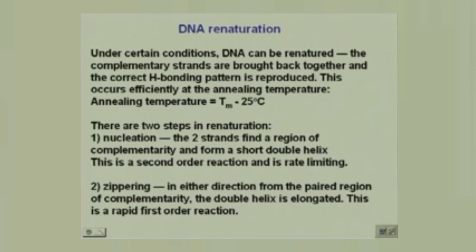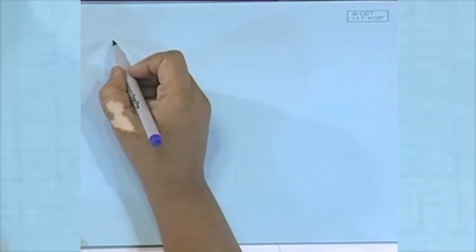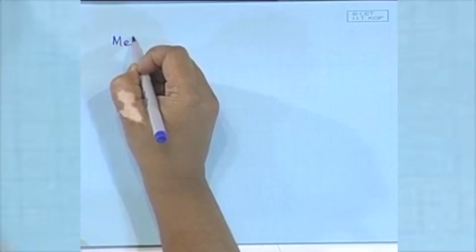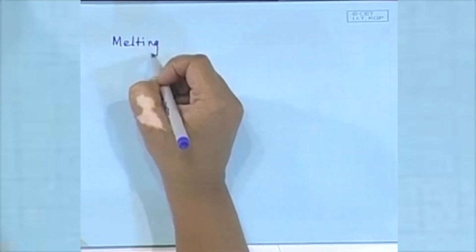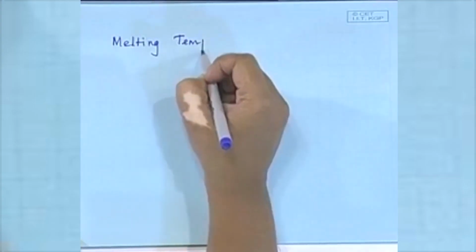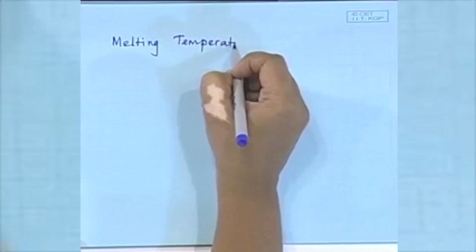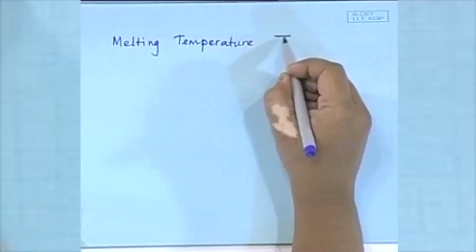Only then can you renature the DNA back to where you started from. Now, this occurs very efficiently at a temperature called the annealing temperature, that is Tm minus 25 degrees centigrade. The Tm is called the melting temperature of DNA.